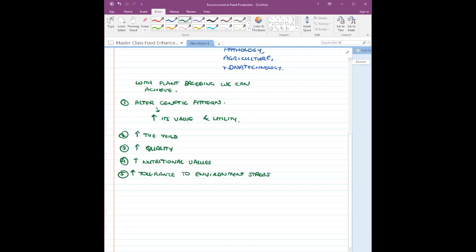Apart from that, guys, by using plant breeding, we can create pest resistant plants, insect resistant plants.